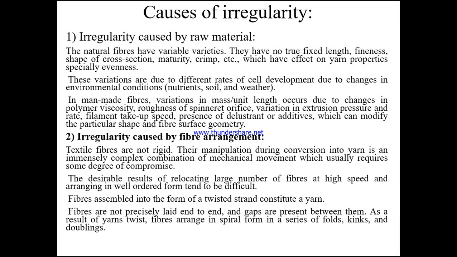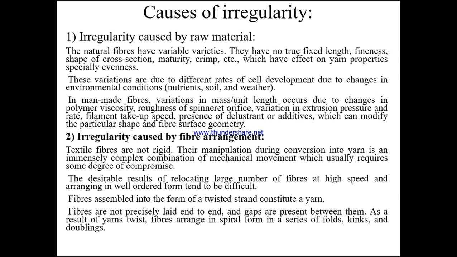Then roughness of the spinneret orifice. So if the spinneret orifice is smooth, then that will produce smoother fiber with less variation. But if the spinneret orifice is rough, so that will also produce the rough fiber. Surface roughness will be there, variation will be there. Variation in extrusion pressure.